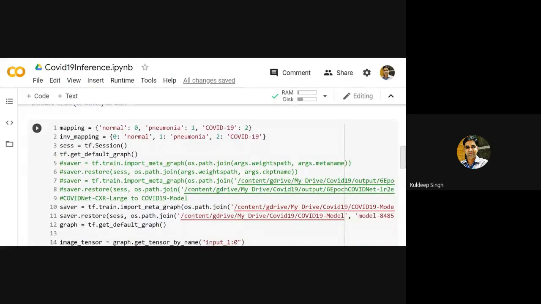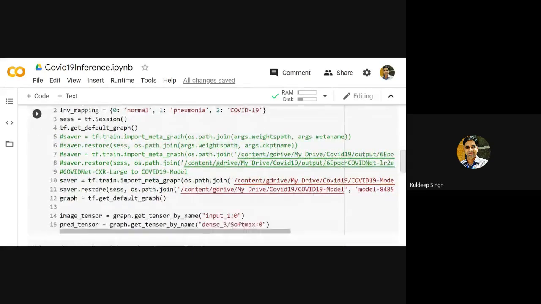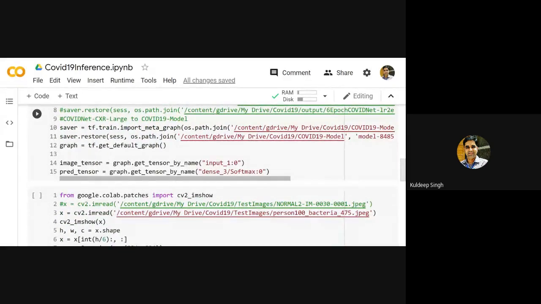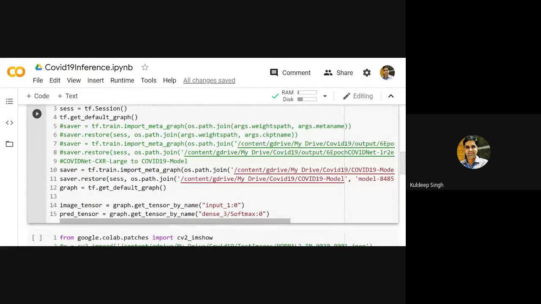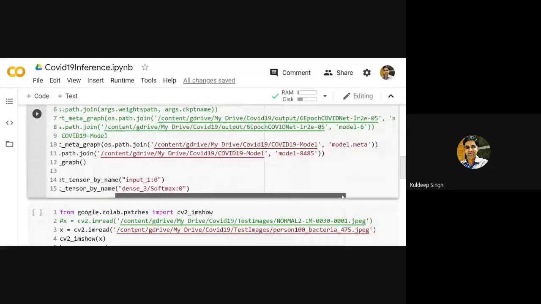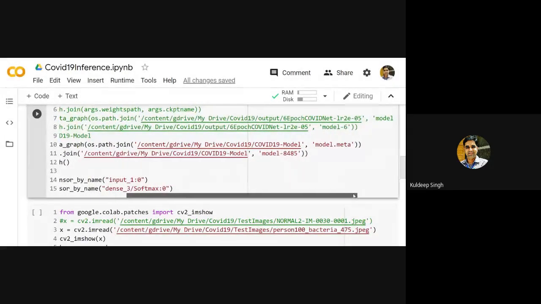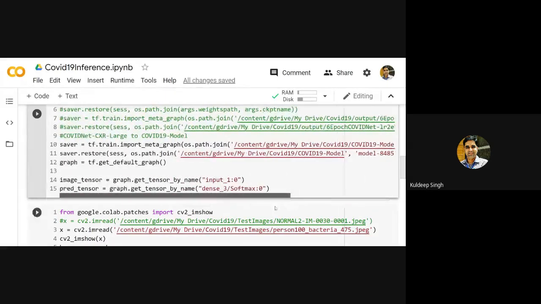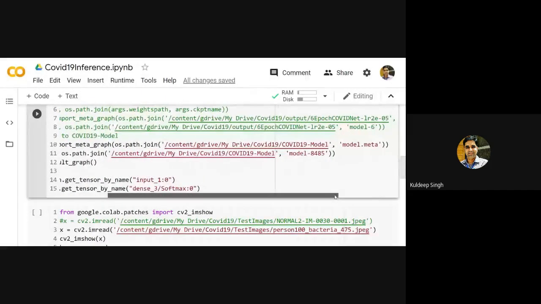Then we initialize the TensorFlow session, and as I told you, we'll define the path of the trained model. So the path is, I showed you, in the content gdrive, my drive, in the folder COVID-19 and COVID-19 model. And the model is model 8485.